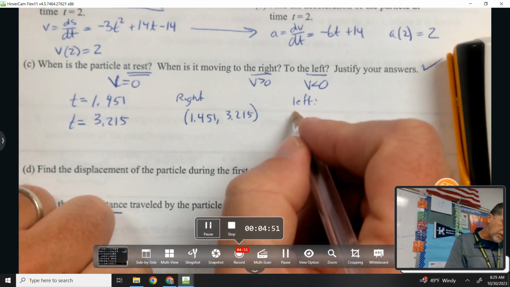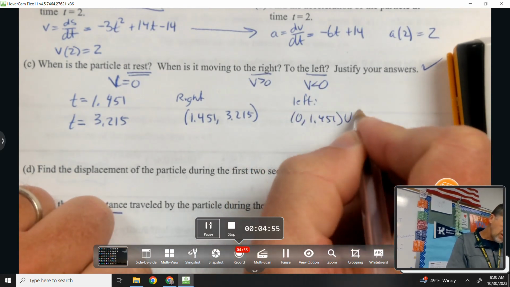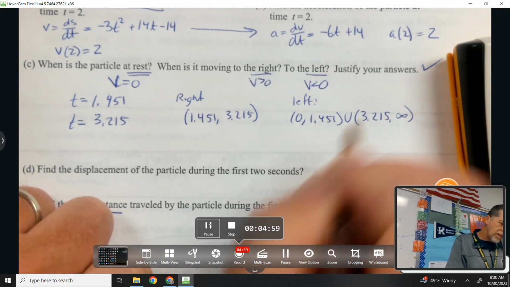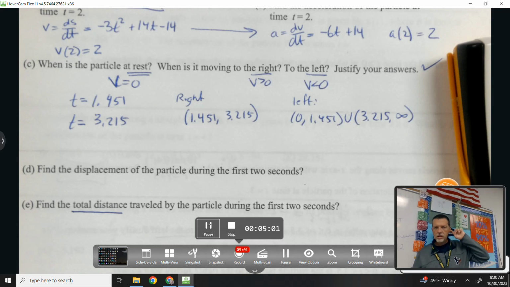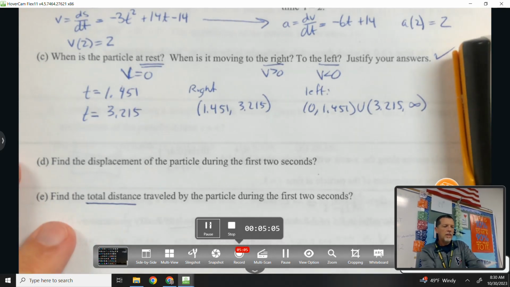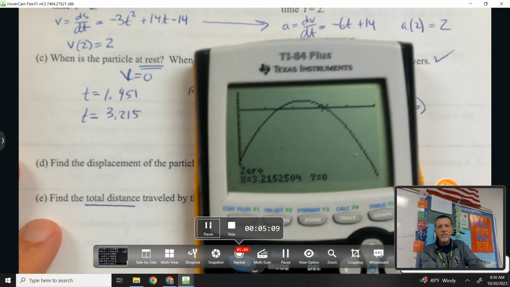So that would be 0 to 1.451 and 3.215 forever. That's an easy one when you've got the calculator to look at. You don't even need like the sign chart thing.